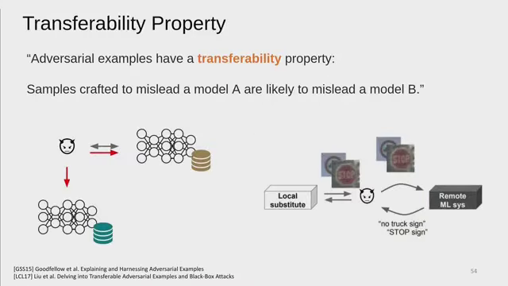Now, interestingly, adversarial examples are transferable. Many of them have a transferability property. Samples crafted to mislead a model A likely also mislead a model B, which means these adversarial examples are somewhat universal. If the models have been trained using a similar data set, the adversarial example will work not just on one model, but also on another model trained on a slightly different data set.